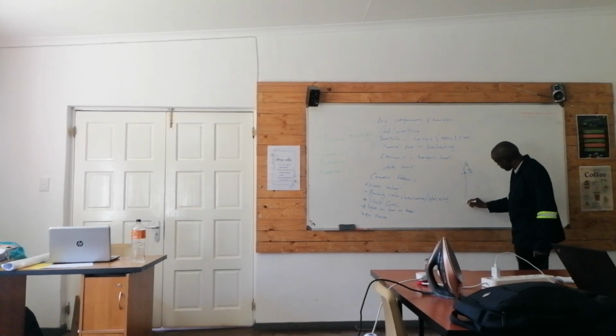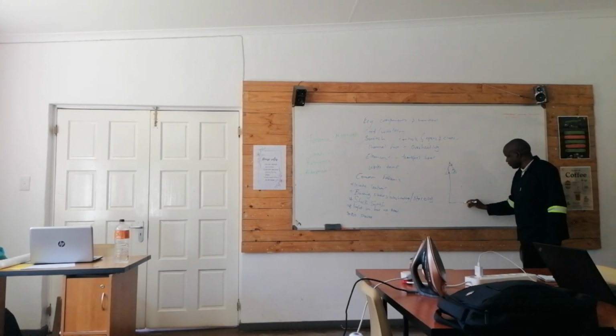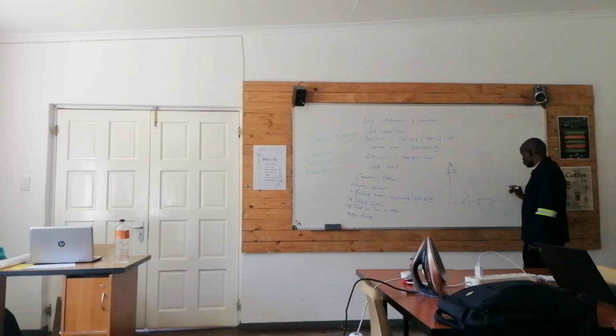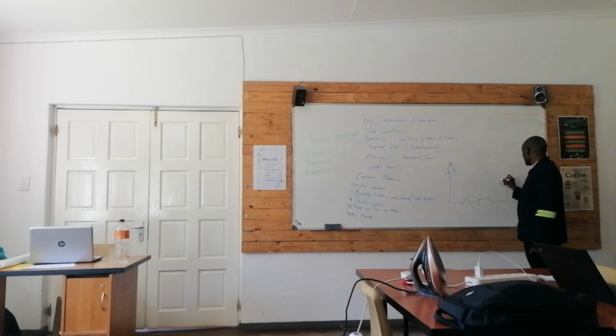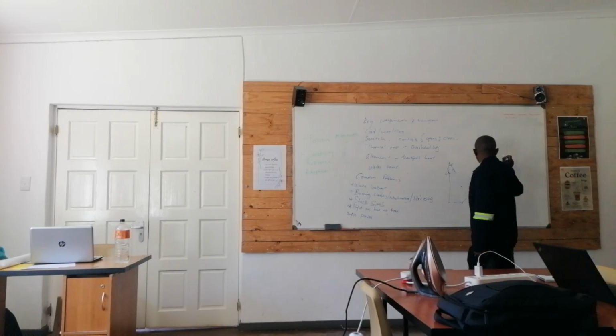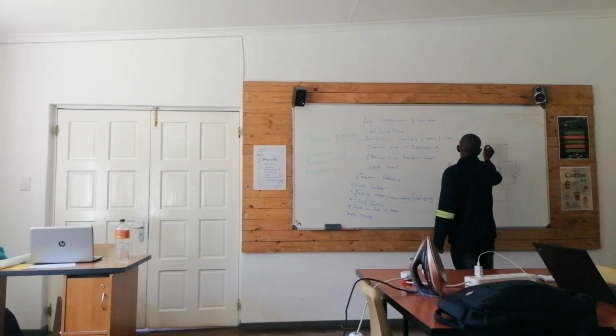So from live, we are having something like a switch. Then we are having a fuse. Then when it gets here, on one side we are having an element, and on the other side we are having a lamp. Am I missing anything?